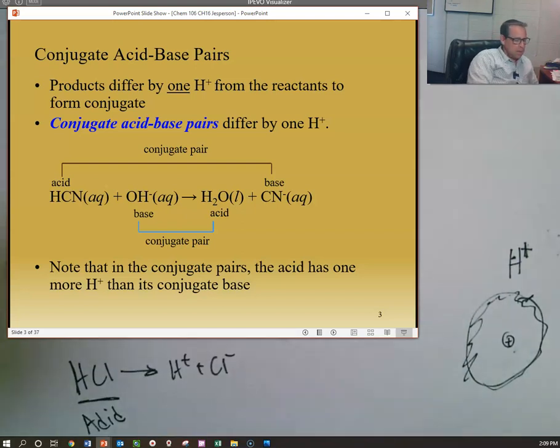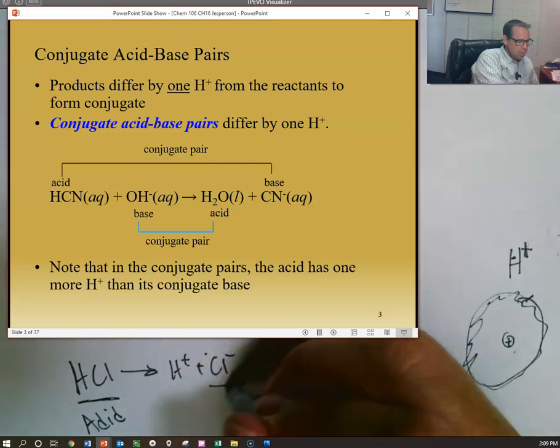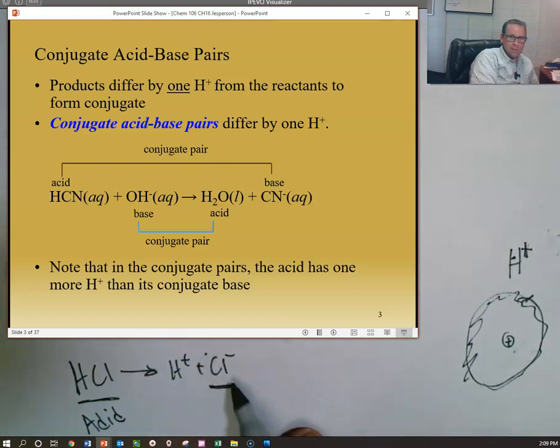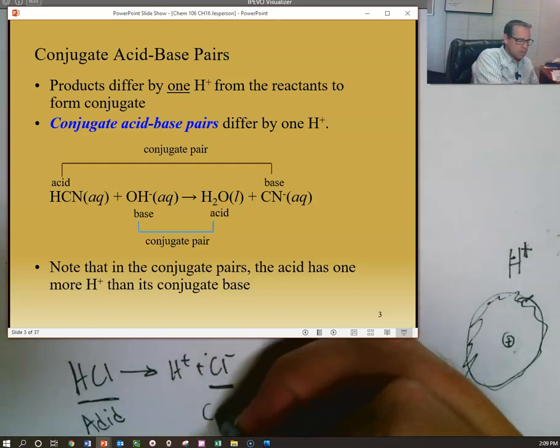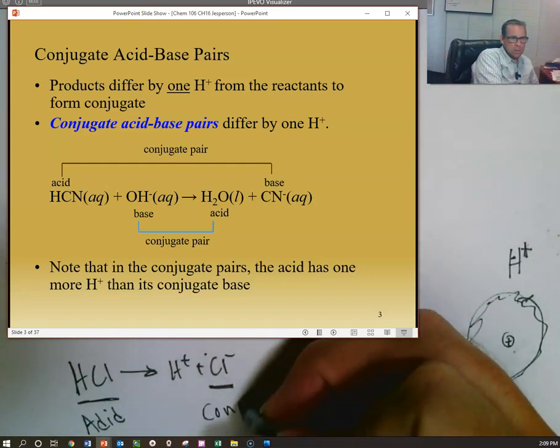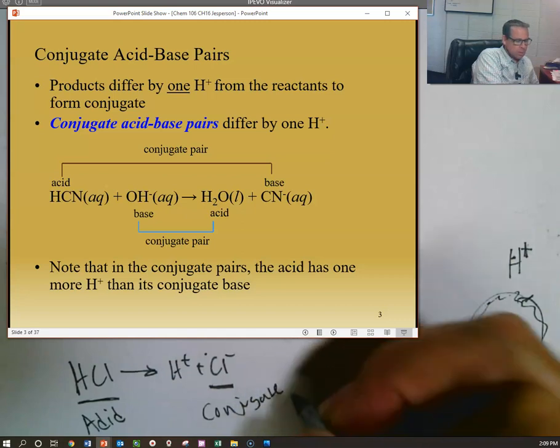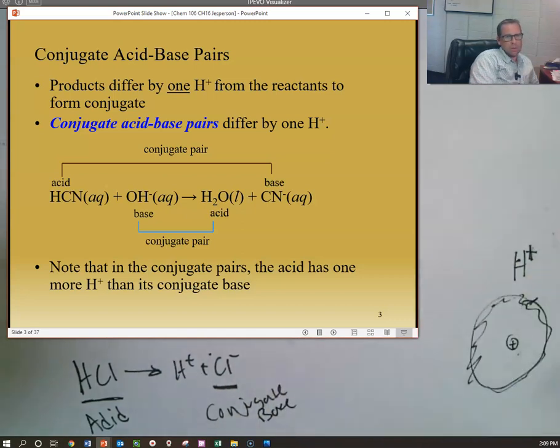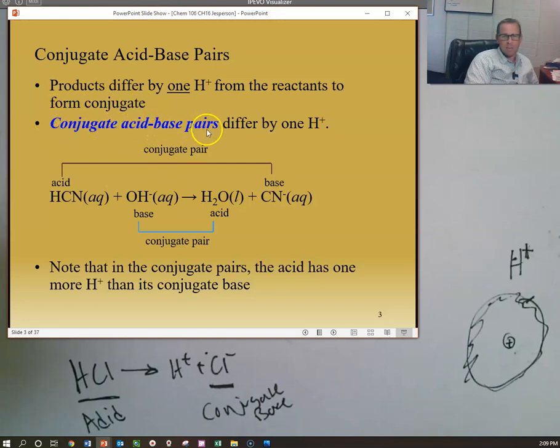And the component, which is now the acid without the hydrogen, we call the conjugate base. So we can refer to this as a conjugate base acid pair or conjugate acid base pair.